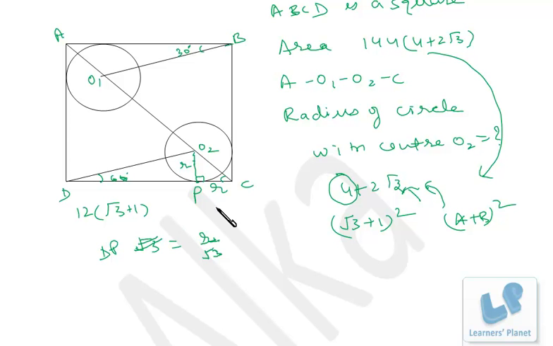That means R plus R by root 3 is 12 times (root 3 plus 1). Taking R common, 1 plus 1 upon root 3, that's (root 3 plus 1) upon root 3, and that is 12 times (root 3 plus 1), the side of the square. So what is R? 12 root 3. So the radius of this circle is 12 root 3.